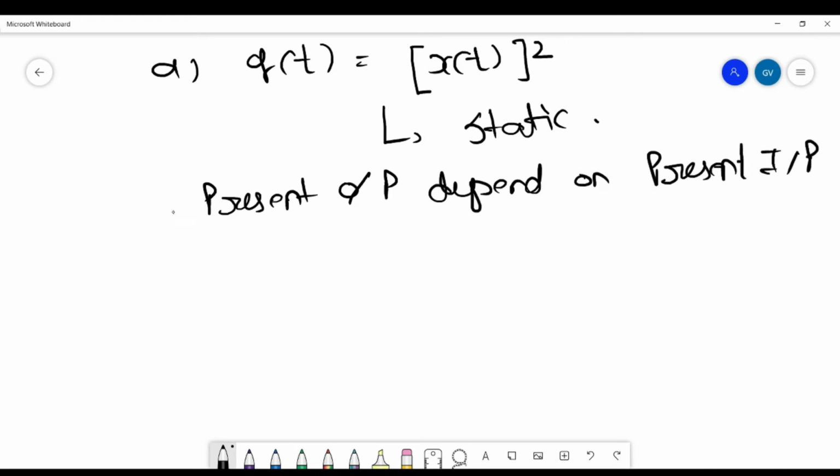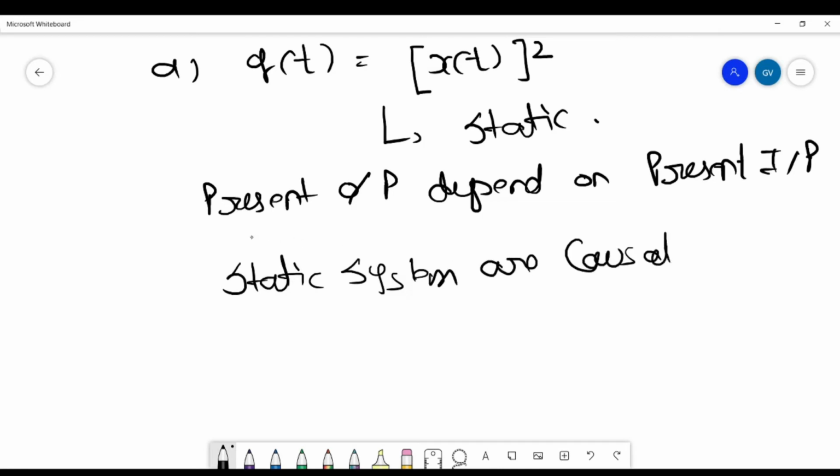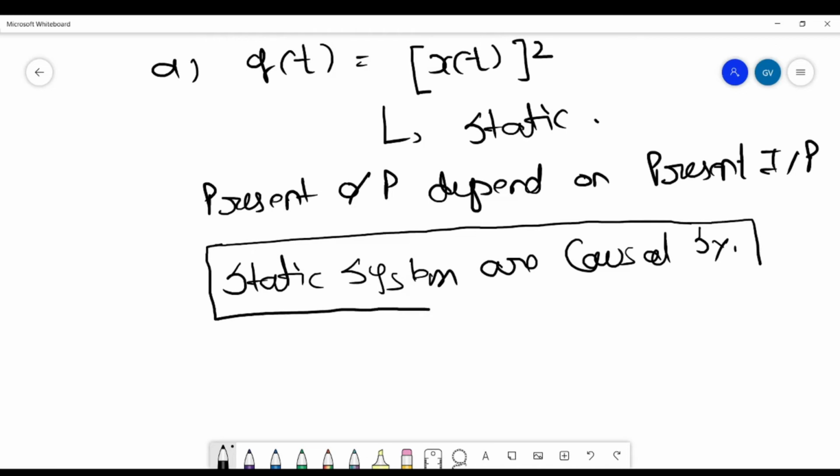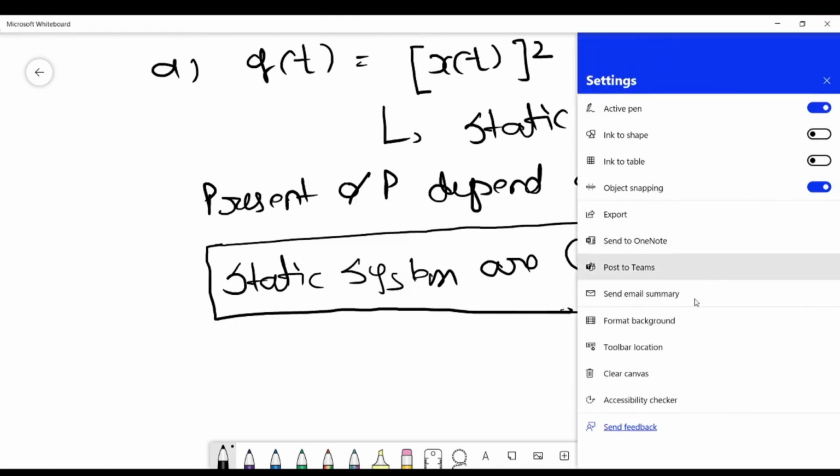So we can clearly say from here that static systems are causal systems. Okay, this is the most important result of our discussion. Now let's take another example to understand non-causal.